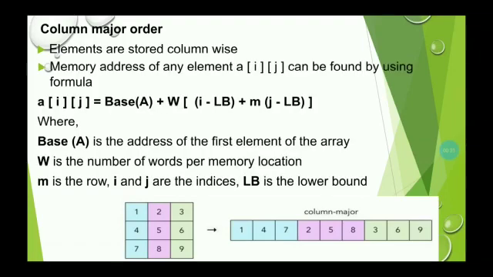The memory address of any element A of ij in column major order can be found by using the formula A of ij is equal to base plus W of (I minus LB) plus M into (J minus LB), where base is the address of the first element of the array. W is the number of words per memory location. M is the number of rows. LB is the lower bound. I and J are the indices for row and column respectively.